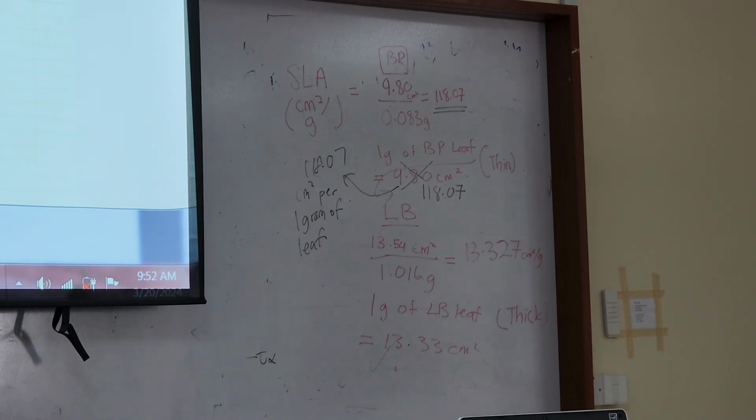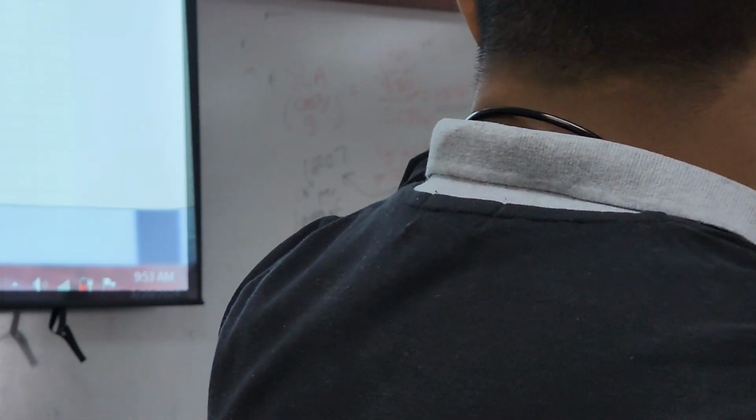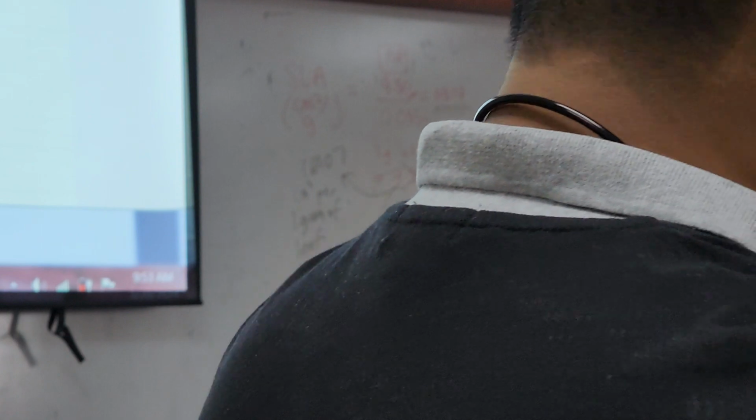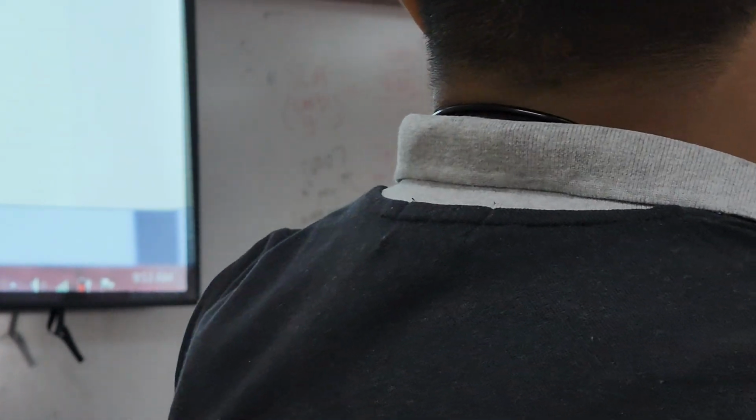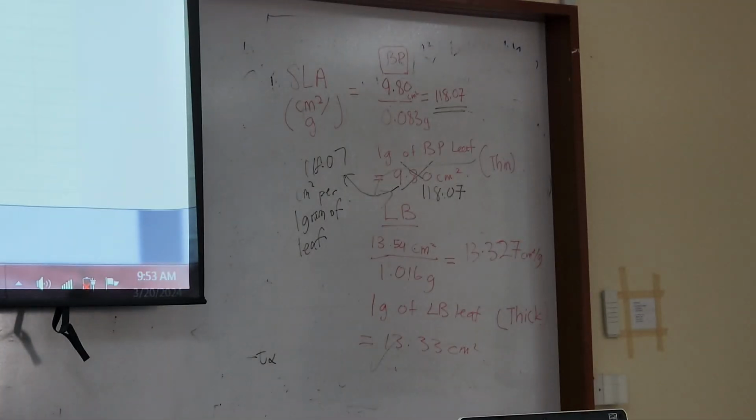It's not viscous. If you use dodol or jam, the same teaspoon, can it spread the whole table? No. It will spread much less in terms of area, and that is represented by the lemon balm. 1 gram of it only occupies a spread area of 13.33. To show that it is thick, like the dodol or the jam.